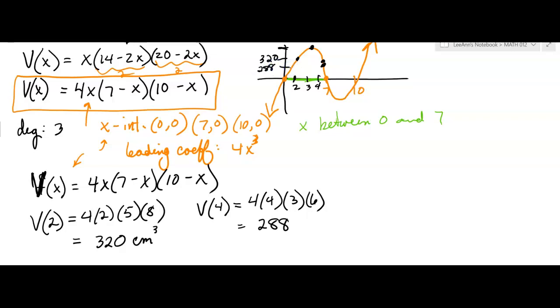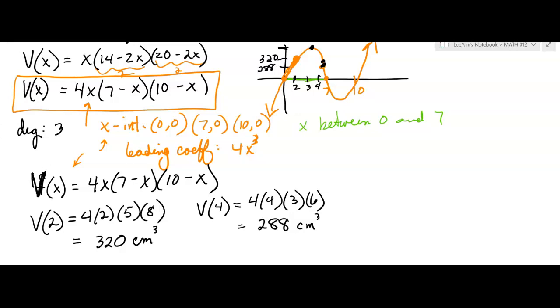So there's a good chance that x has to be somewhere between 2 and 4. How do I know that? Because it's curving back down. It started at 0 volume and went up to 320 when x was 2, but now at 4 it's down at 288. So it had to make a turn somewhere between 2 and 4.